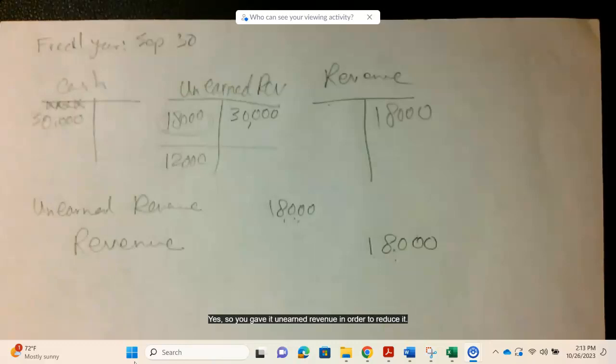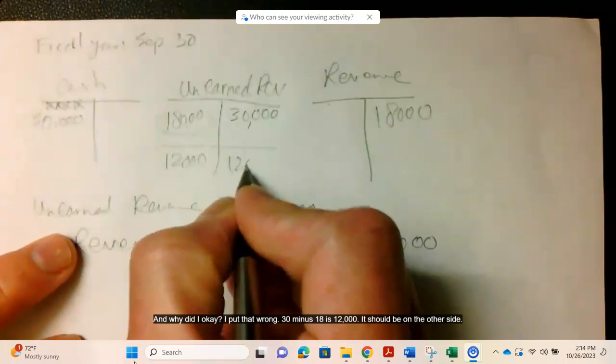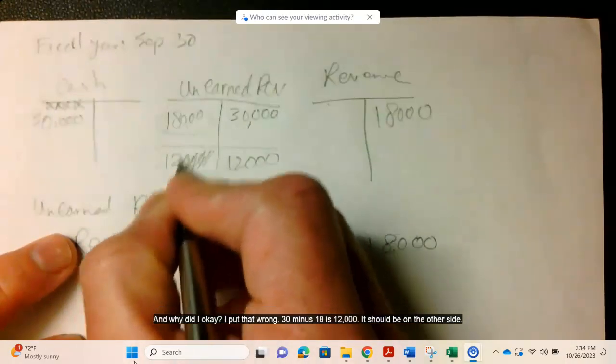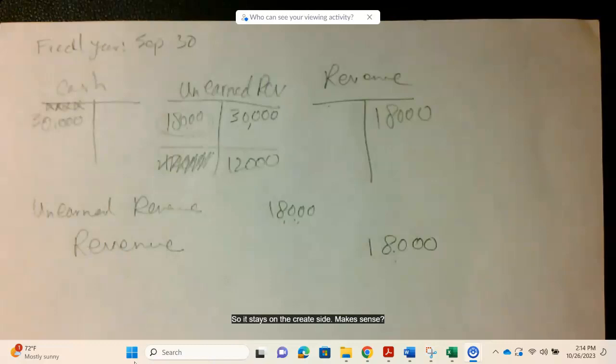Yes, so you debit unearned revenue in order to reduce it. Okay, I put that wrong. 30 minus 18 is 12,000. It should be on the other side, sorry. Again, I'm talking too much. Okay, so 30 minus 18 is 12,000. Normal balance for any liability is a credit, so it stays on the credit side.